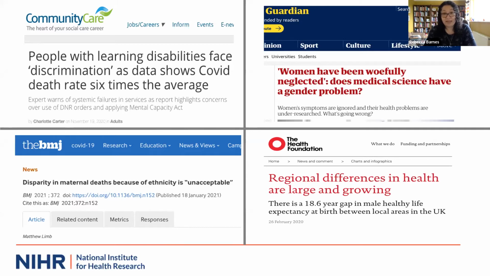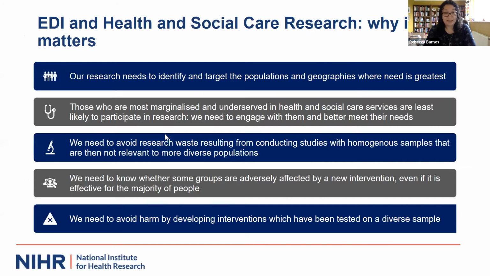And this found that men living in the most deprived areas of the UK die on average 9.5 years earlier than men in the least deprived areas. For women, the difference is 7.7 years. This slide captures just a few of hundreds of examples that we could unfortunately give of inequalities related to health and social care. Let's move on to think about these more in the context of research. Next slide, please, Linda.